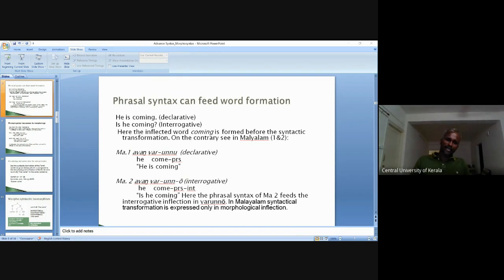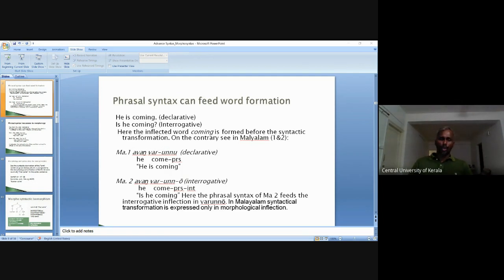Here, the phrasal syntax of the Malayalam sentence feeds the interrogative inflection in varunno. That phrasal property of the interrogative feature is expressed only through morphology. In Malayalam, syntactical transformation is expressed only in the morphological inflection of this word. That doesn't mean there is no syntax, but syntactical properties are expressed through morphology.